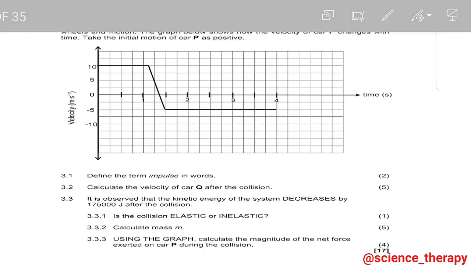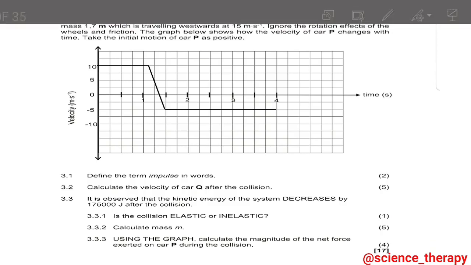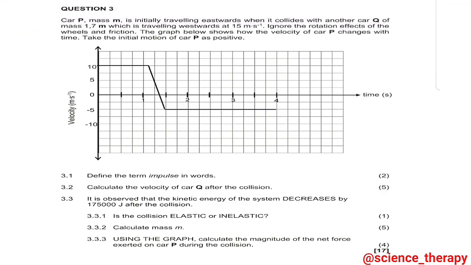Now for 3.2, it says calculate the velocity of car Q after the collision. Now let's observe what is taking place here. This is the graph. Car P mass M is initially traveling eastward.